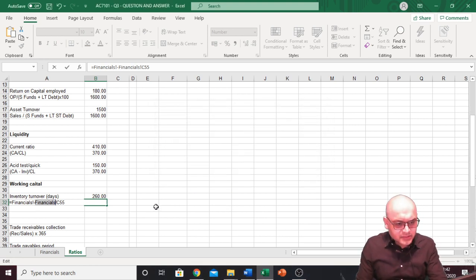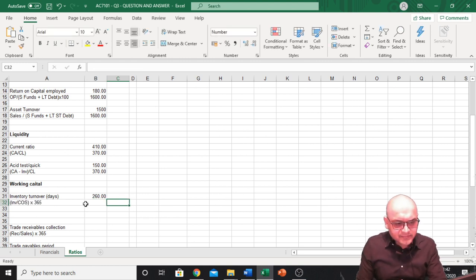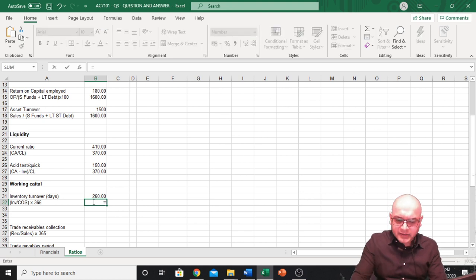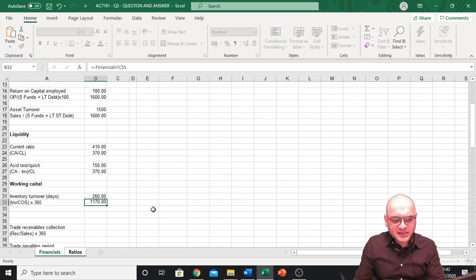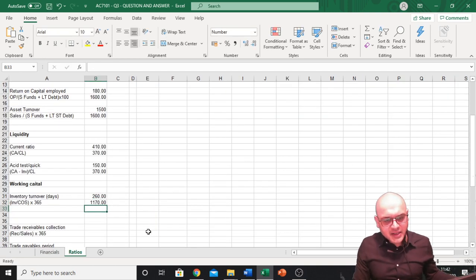Okay, doesn't like it. Okay, that's fine. Equal to sign, then minus. Sorry. Right, equal to sign, then minus, and then select the cell. Let's try that if that works. Yep, it works. Okay.